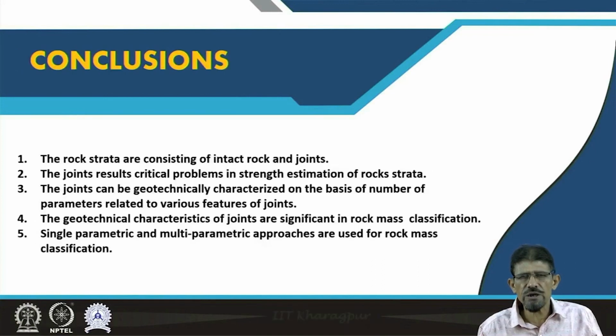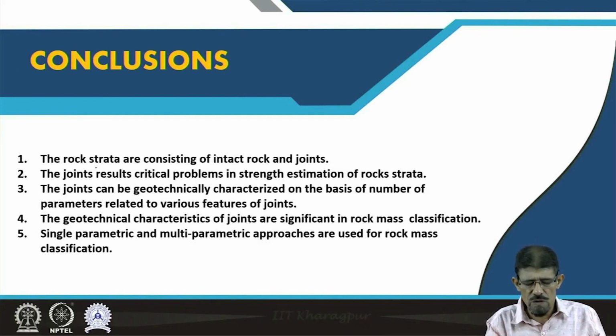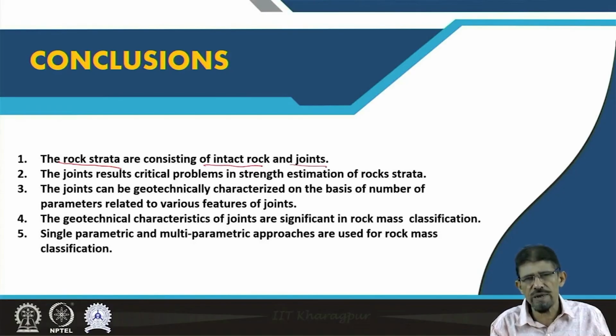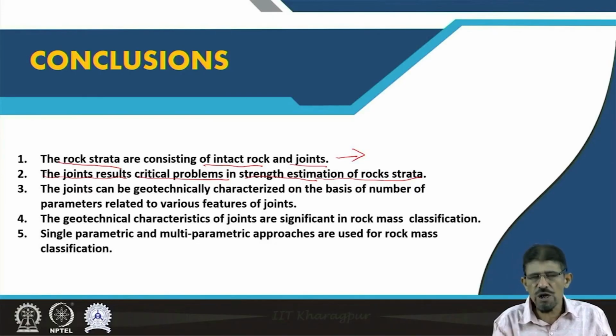In these lectures, we are going to conclude. As you know, rock strata consist of intact rock and joints, meaning integration of rock mass, and joints result in critical problems in strength estimation of the rock strata, because any interface present in rock strata is going to influence the strength response of ground or rock strata.